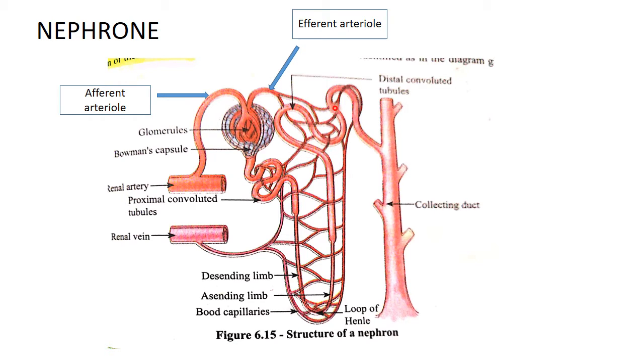This part is known as the distal convoluted tubule, and finally it is attached to the collecting duct. So many nephrons finally give the filtered urine into the collecting duct.